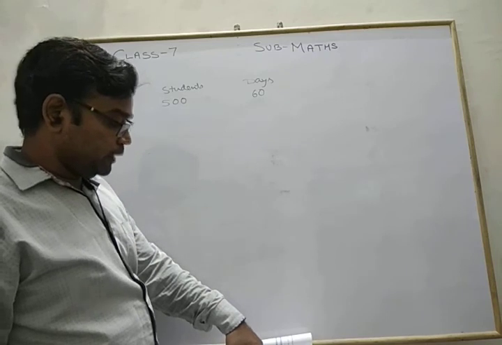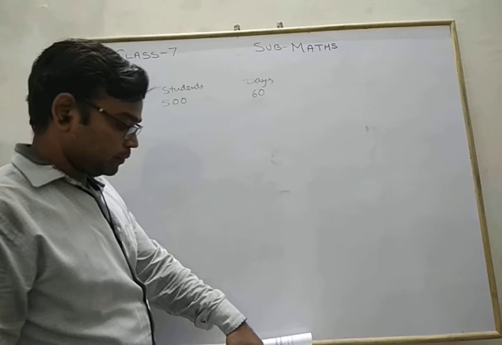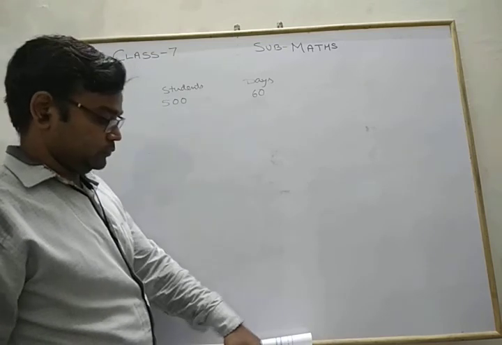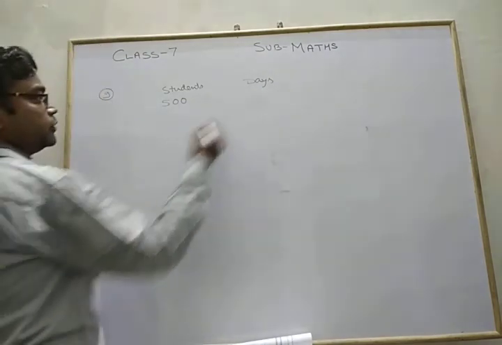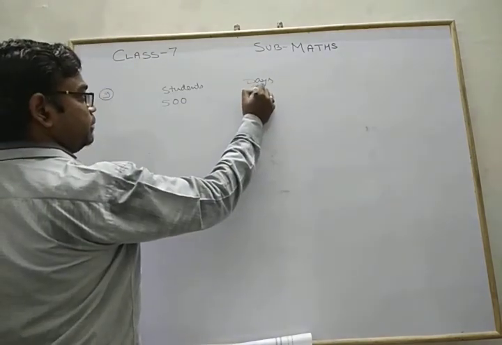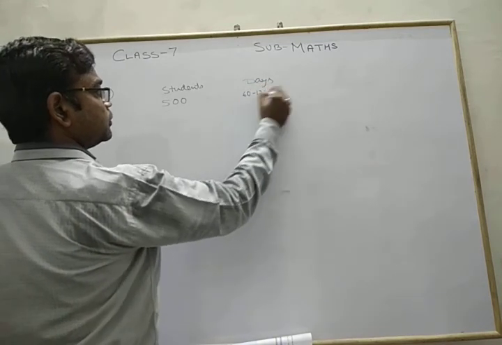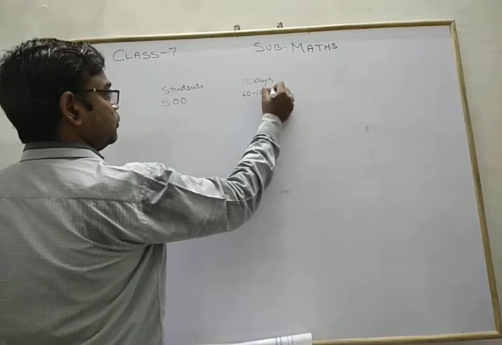After 12 days is given, so you must write here 60 minus 12 equals 48.